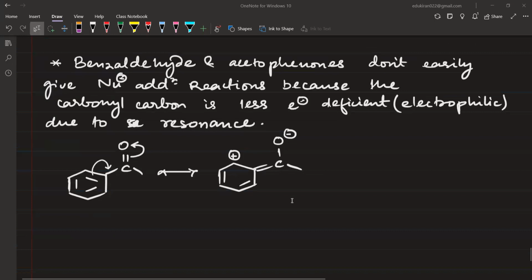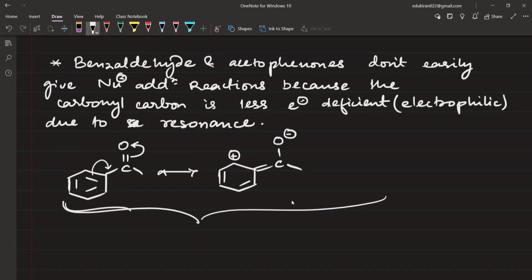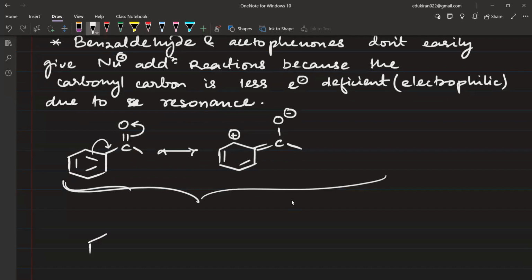Now, see here, guys. As you can see here, we are getting an O negative charge here, and the carbon is having a pi bond. You can make other structures also, that will be fine, but the resonance hybrid that we can understand from here is that here you have a partial double bond, carbon, oxygen, and even this bond is a partial double bond.